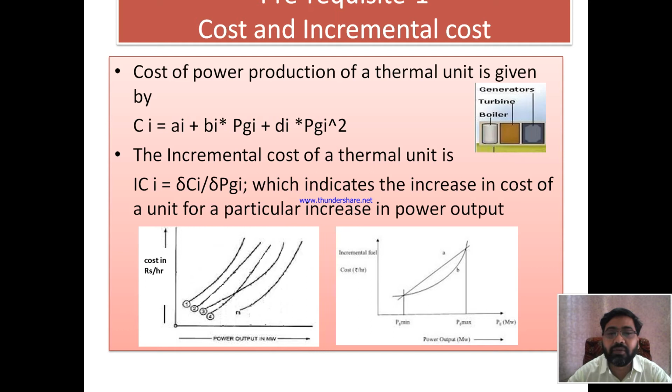This is the basic information obtained from the heat rate curves of thermal generators. So every unit has its own curve, which is shown like this, having different slopes, different Ai values, Bi values and Di values.